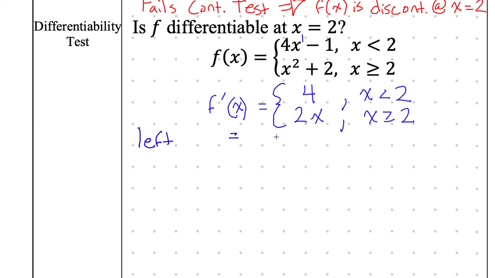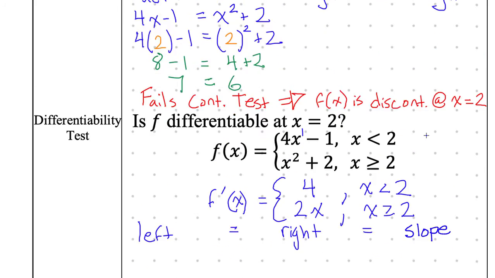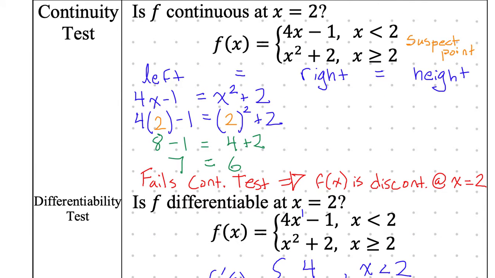Left needs to be equal to the right, which needs to be equal to the... okay, it's not height. What does this word change to? Slope. I didn't write it out officially, and maybe I should. Can we write it officially over here at the top? We have to say that the limit as x approaches 2 from the left of f of x, because on the free response for the AP test, they need you to prove it.